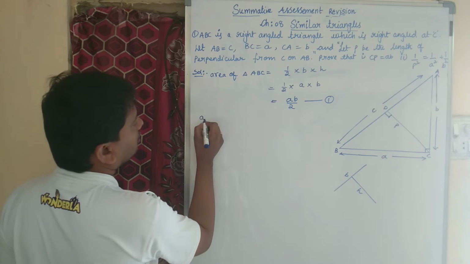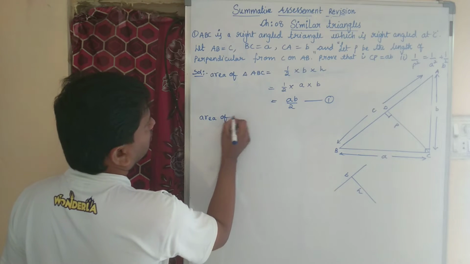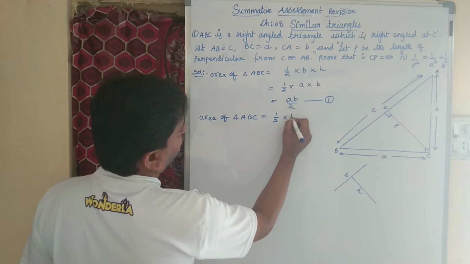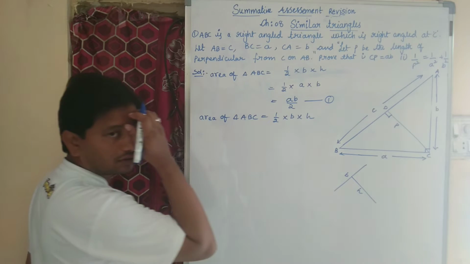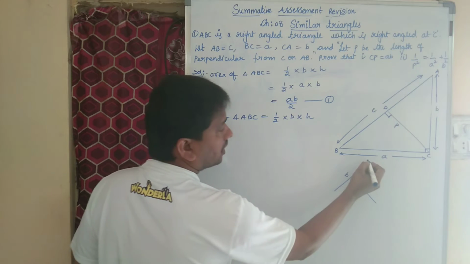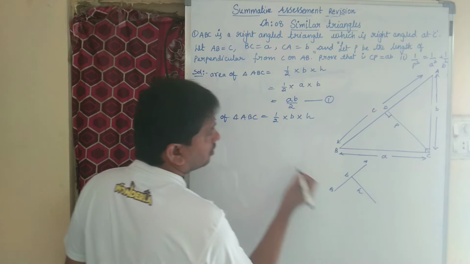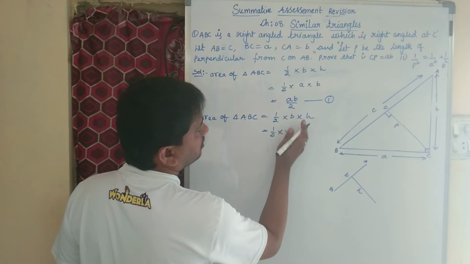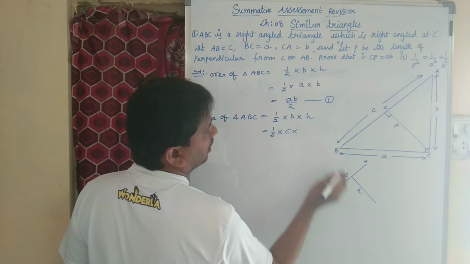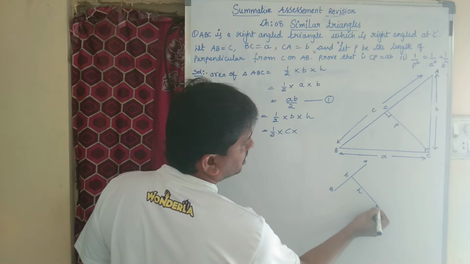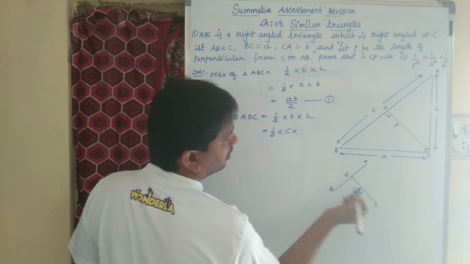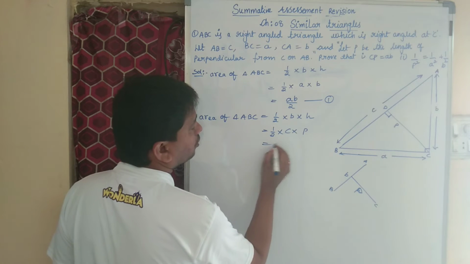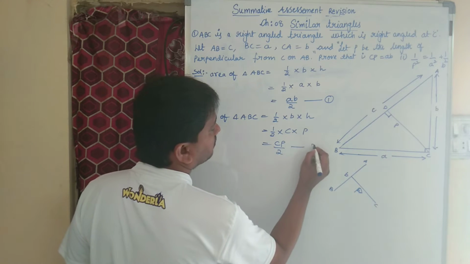So second one, area of triangle ABC equal to half into base into height. Base is AB, which is C units, and height is CD, which is P units. Half into C into P, that implies CP by 2, which is equation number 2.